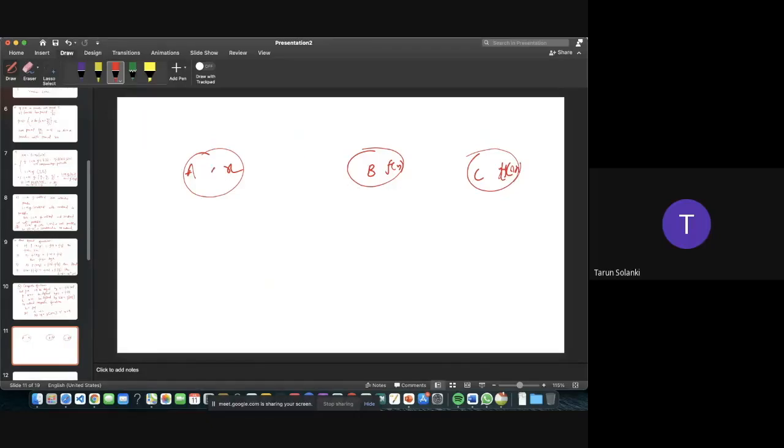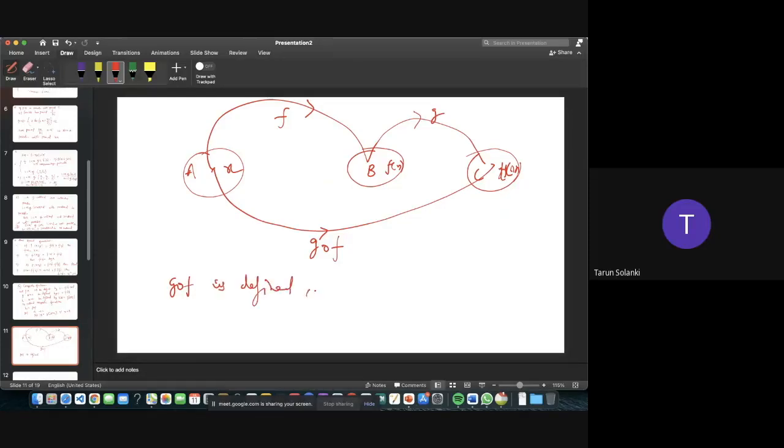So from A to B and B to C, the function is f(x), then g(x), and it is directly the composite gof, right? So this is our answer. So the properties are: gof is defined if the range of f is equal to the domain of g.